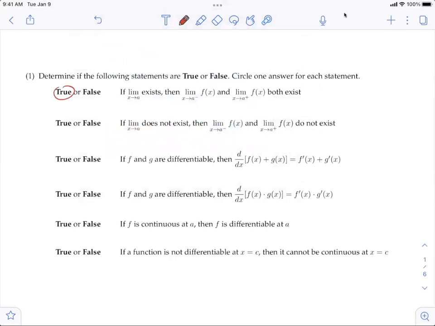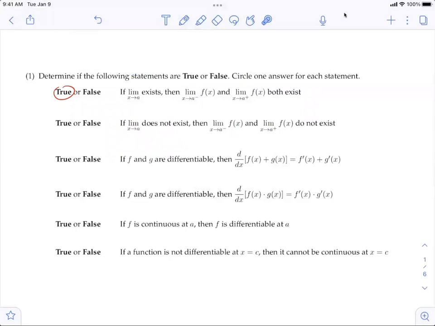Now, for the second question, if the limit does not exist, then the limit from the left and the limit from the right do not exist. This is not true though, so this should be a false statement. What I mean by that is the left-hand limit does exist and the right-hand limit does exist, but they do not equal one another.